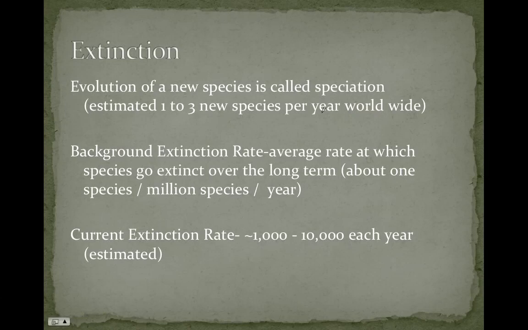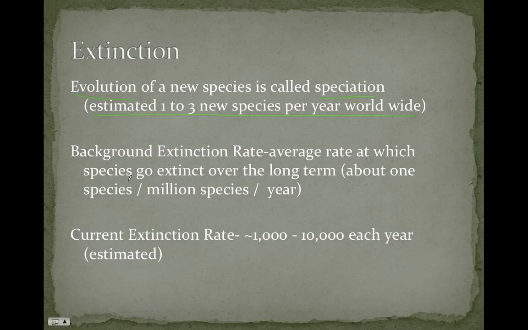Evolution of a new species, or what's called speciation, which you should learn in general biology. We estimate that 1 to 3 new species per year evolve and diverge. And so evolution is changing the number of species slowly, 1 to 3 new species per year. That's an estimate. And so you're increasing the number of species on Earth in this way through evolution.